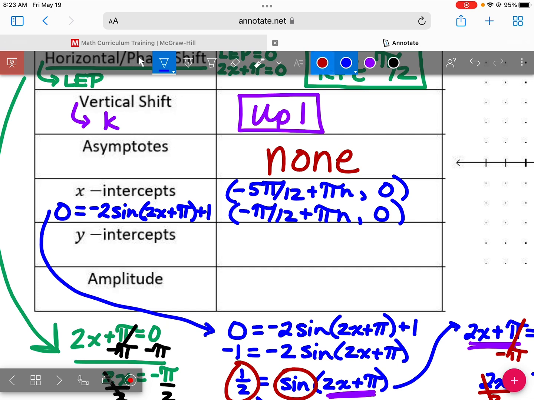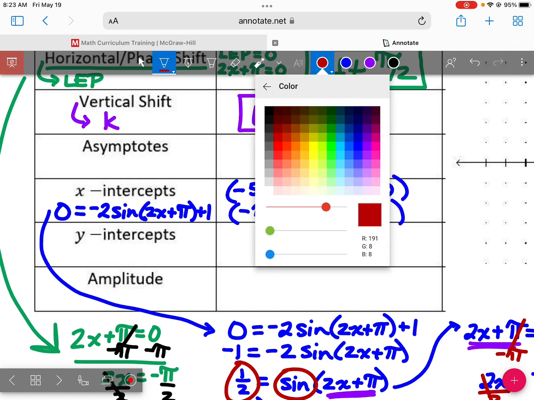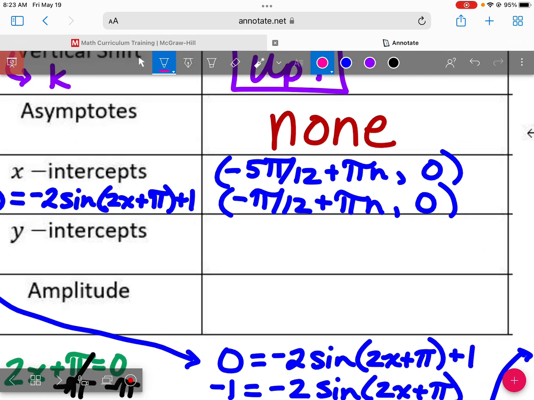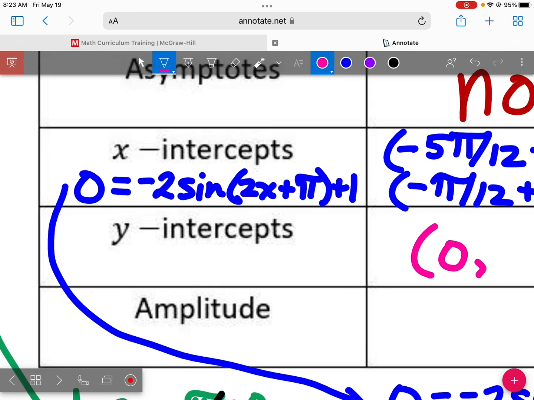For y-intercepts, this one I think is easier. Y-intercepts, we are going to substitute 0 in the place of x. So it's going to be 0 something.